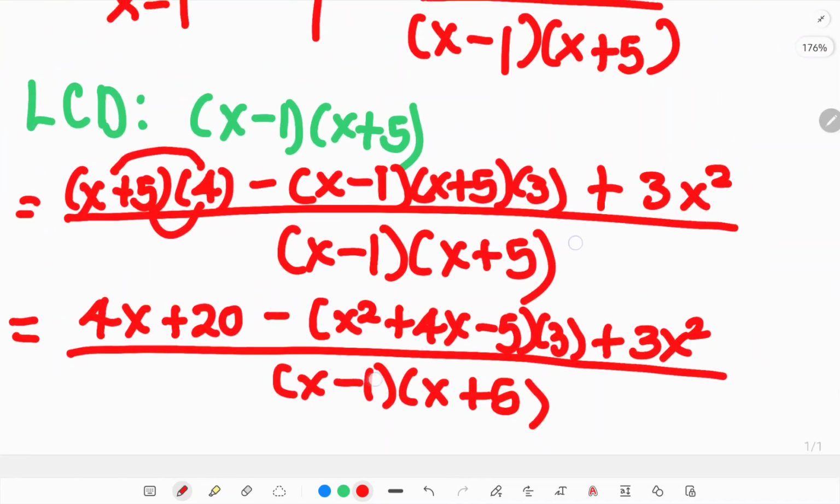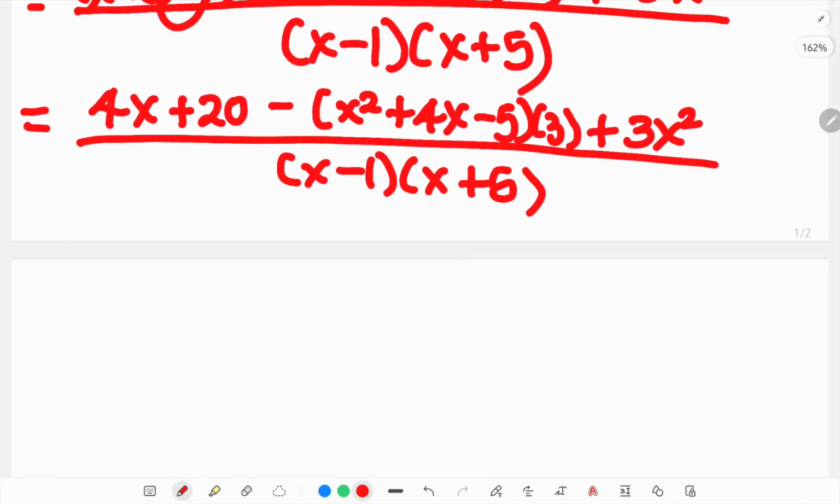And then moving along, we're going to get this. What is this? This is 4x, plus 20. Let's take this 3 to this side, and it's going to become a minus 3. And then what is this?